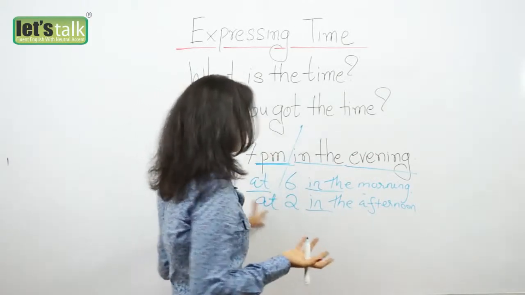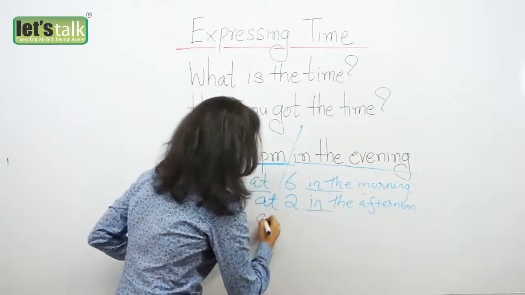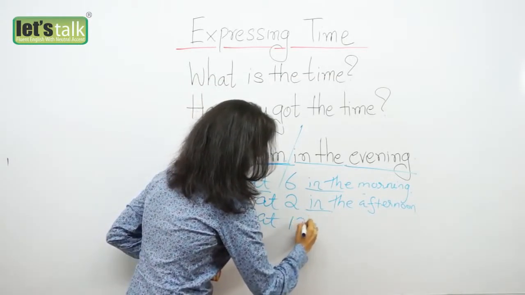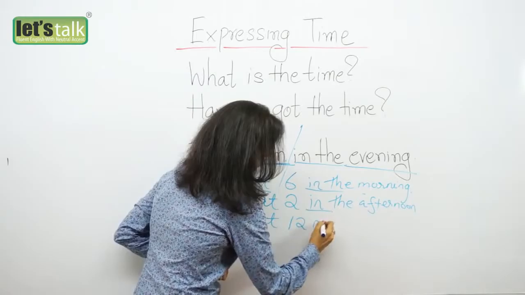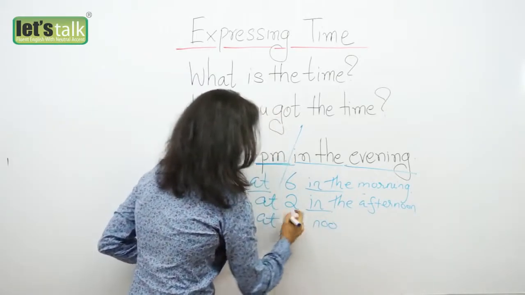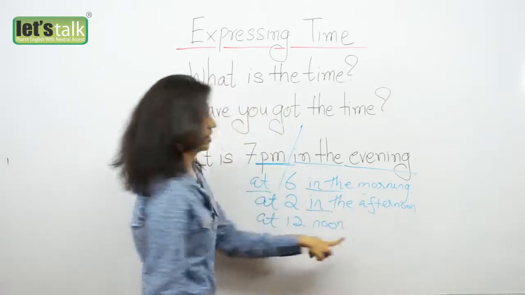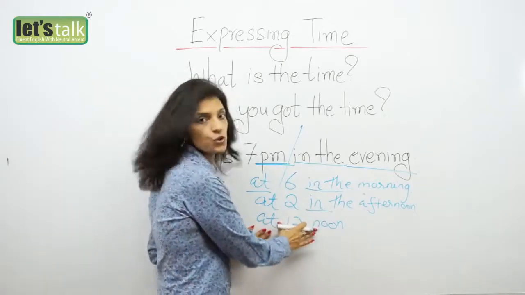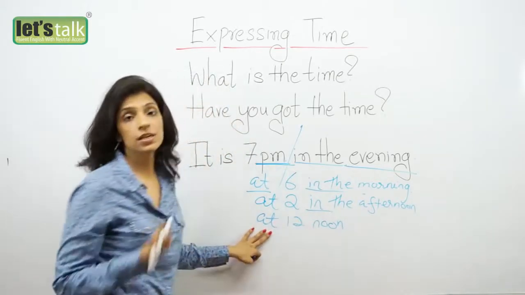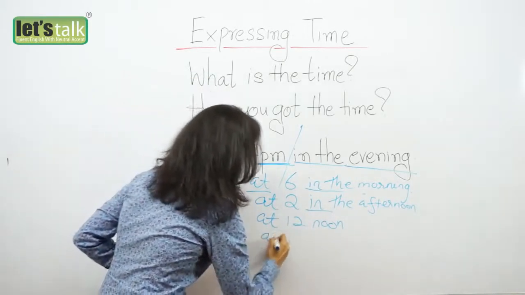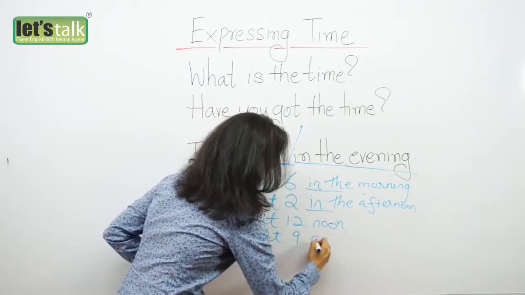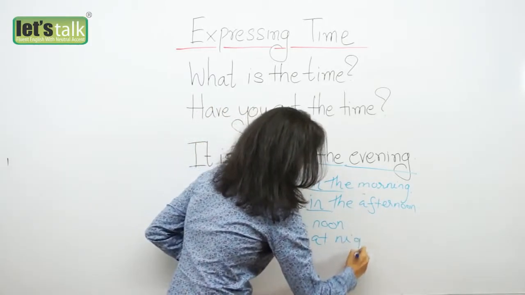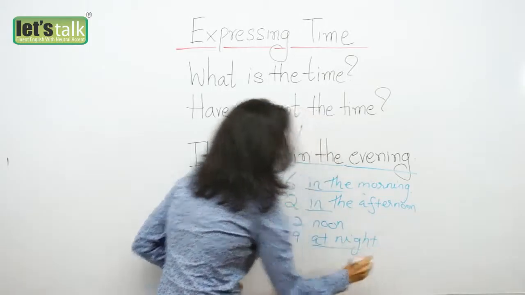What time do you sip on your coffee? At 12, or you can say at 12 noon. Okay, so it's always at noon. Okay, now what time do you have dinner? I have dinner at 9 at night. Now this is the way you're going to say it.